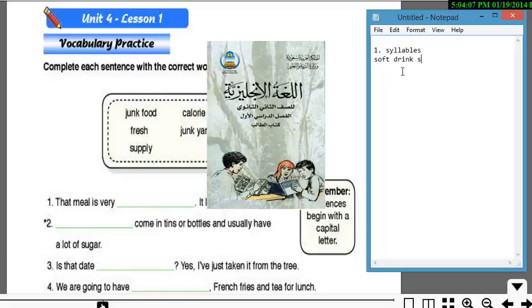And then you can think of parts of speech, whether it's a noun or a verb and so on. Soft drinks is a noun and it's plural at this point. Then you might want to look at the words around it or think of words that are similar to it, like softball.